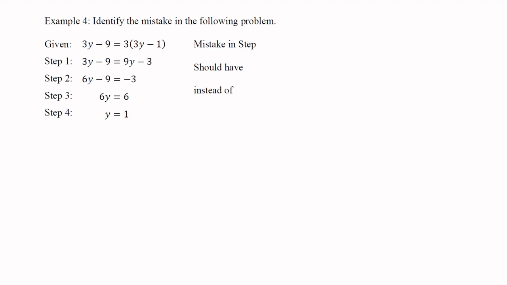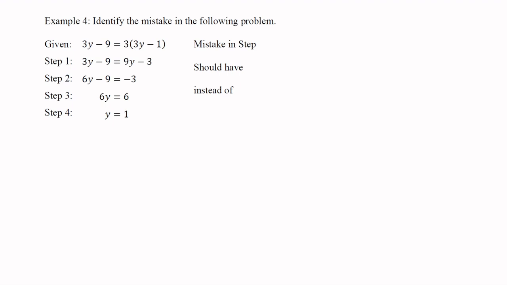So in this example, we're going to identify the mistake in the problem. So a way to go about this is to check our work step by step. So first thing we have to do is distribute. 3 times 3y gives us 9y. 3 times negative 1 gives us negative 3. So step 1 looks good. In step 2, we are going to move the variable.